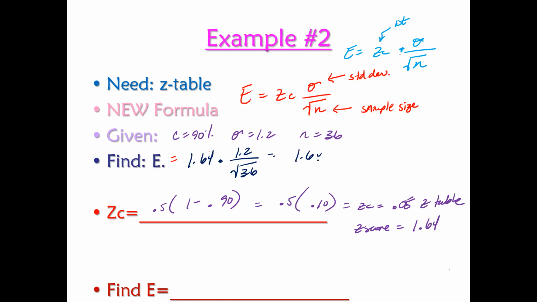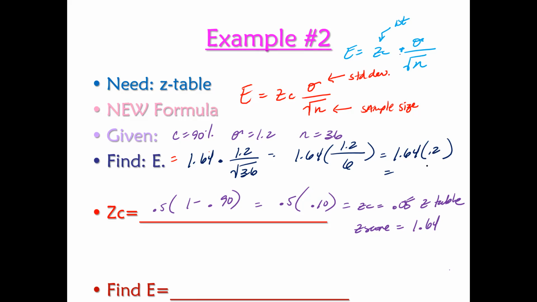So that's 1.64 times 1.2, and the square root of 36 is going to be 6. You want to do order of operations and just go ahead and divide 1.2 divided by 6, which is going to give you a 0.2.